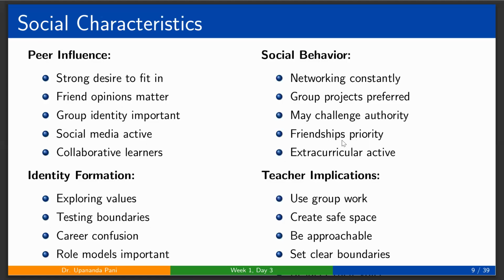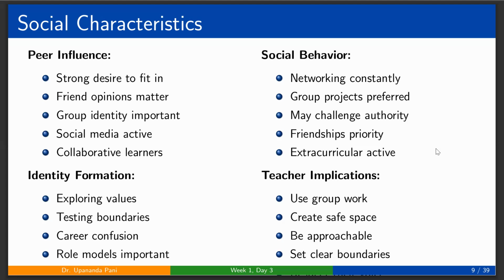So, what are the social characteristics of the adolescent learners? So, peer influence, their strong desire to fit in, friends or friend opinion matters, group identity is very important, social media, they are very active in social media, they also enjoy collaborative learning, social behavior is they network constantly, group projects preferred, they may challenge authority, they also value friendship also on priority, and extracurricular activity they are very active.